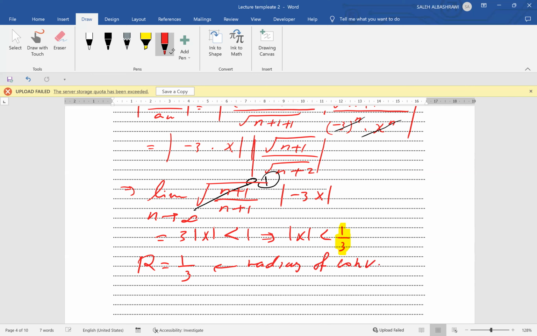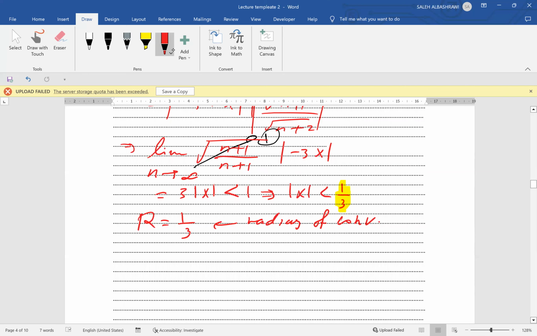Now to find the interval of convergence, I have the absolute value of x less than 1/3. So x will be greater than minus 1/3 and less than 1/3.